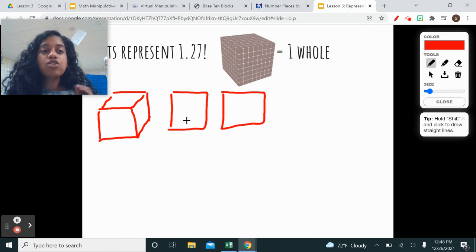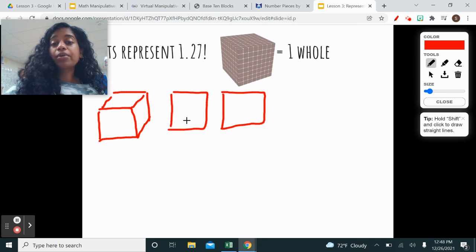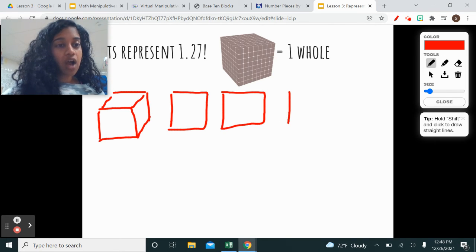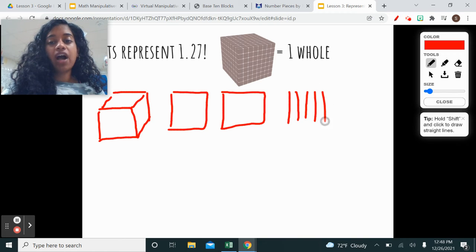I know 10 rods makes 1 flat, so a flat is cut up into 10 pieces. I need 7 of those. So I need 1, 2, 3, 4, 5, 6, 7.